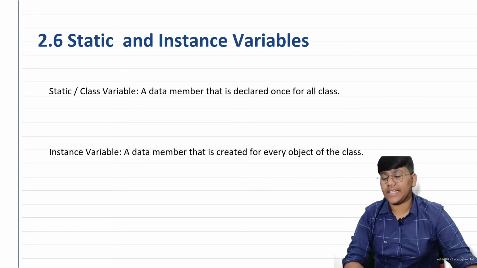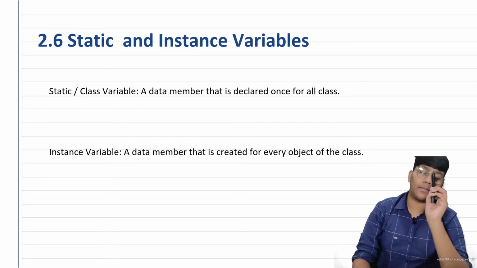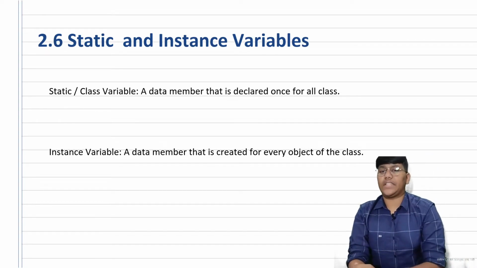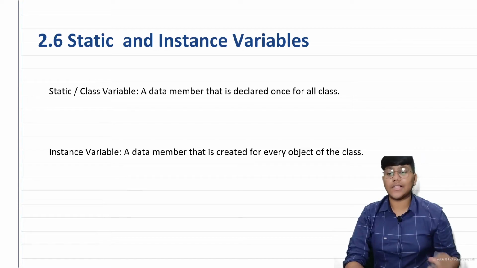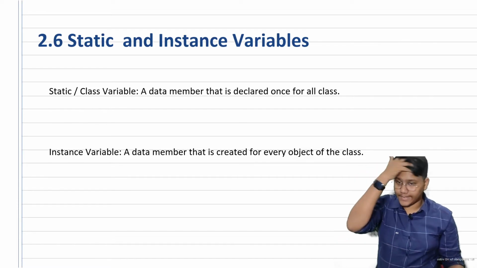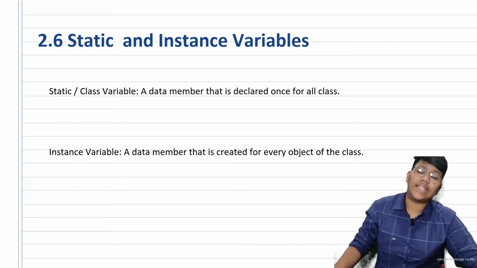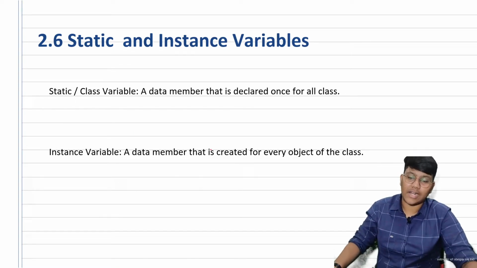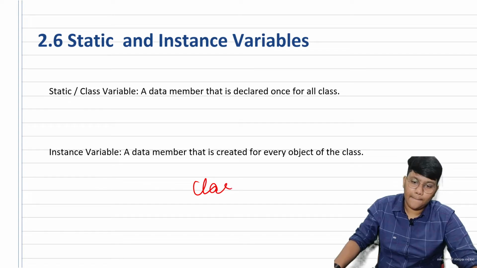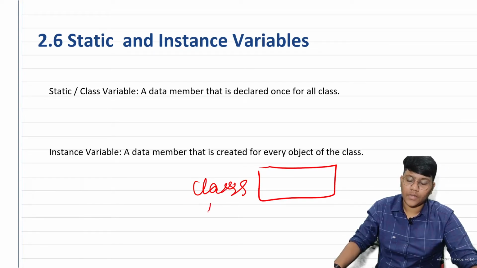Static and instance variables. This is an important topic. There are 2 types of variables in a class: static variables and instance variables. Static variables are also known as class variables. A static data member is declared once for all objects of the class.